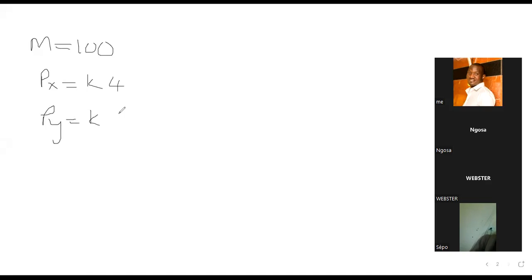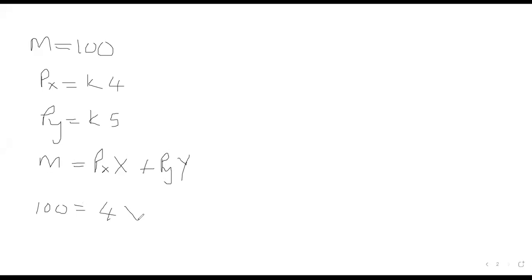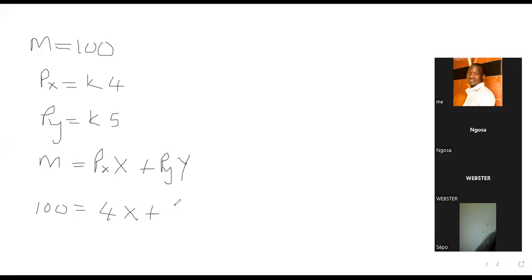Our budget line is given by M is equal to Px times X plus Py times Y. What becomes our income equation? 100 is equal to what? 4x plus 5y. So this is what we call our budget line.